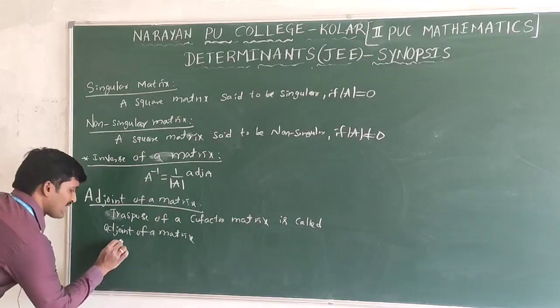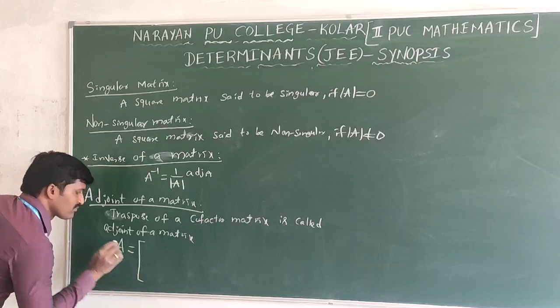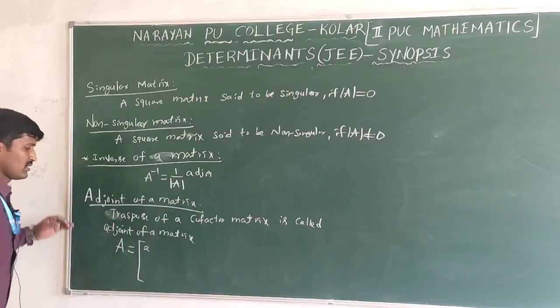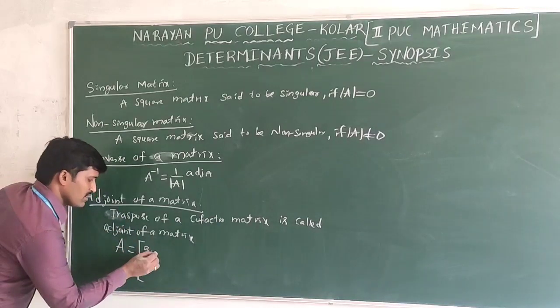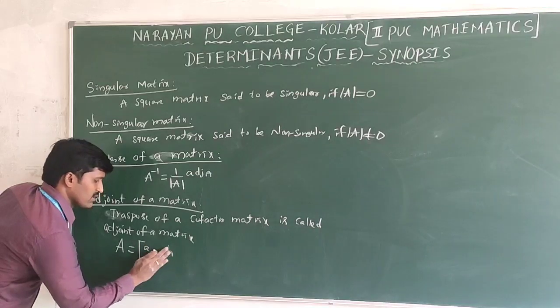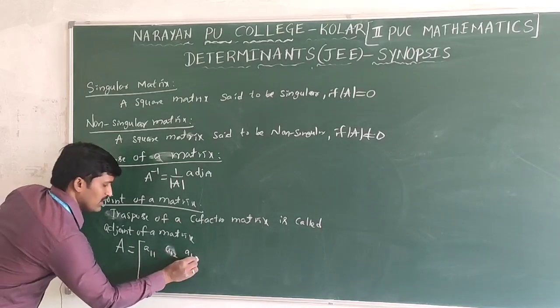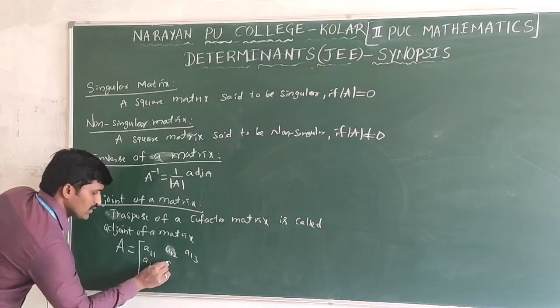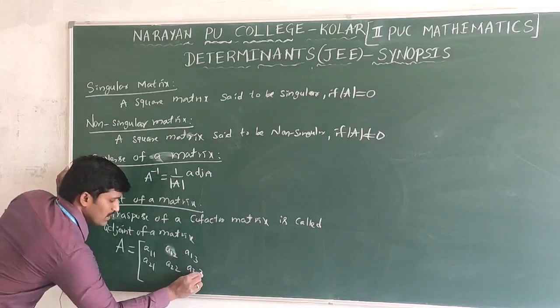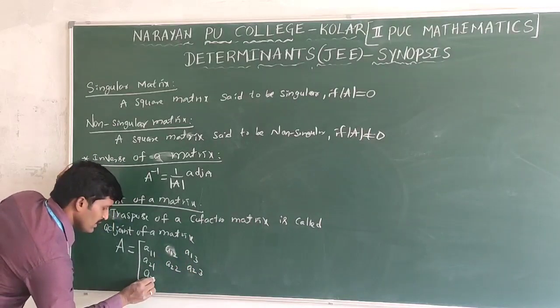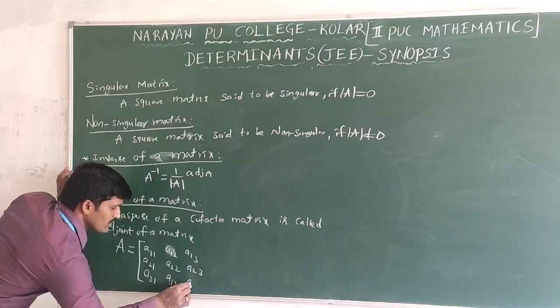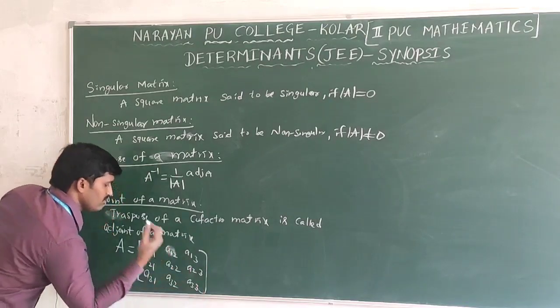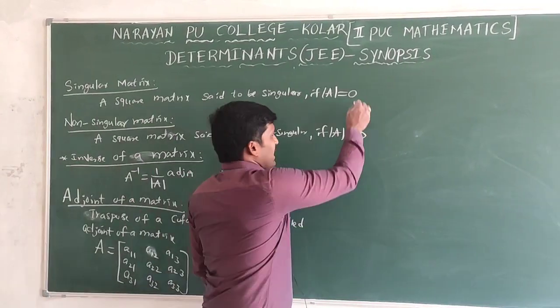For example, a matrix A is given like this: a11, a12, a13, a21, a22, a23, a31, a32, a33. This is the matrix A.